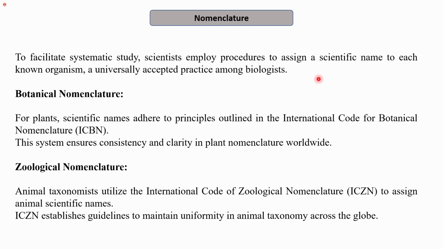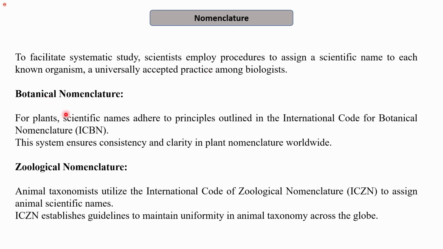So the scientific community needs a systematic system where different organisms are assigned a particular scientific name, which is universally accepted and practiced among all biologists. There are different nomenclatures like botanical nomenclature and zoological nomenclature. Botanical nomenclature is for plants, as the name suggests, and zoological nomenclature is for animals.